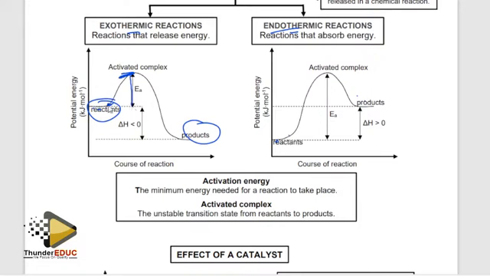From here to here is the activation energy of the forward reaction. When you talk about the reverse reaction, from here to here is the activation energy for the reverse reaction. So it's the same thing here: activation energy for the forward reaction, activation energy for the reverse reaction. From the reactant to the product, the change in energy there is the enthalpy change. Please take note of that. The change there is the enthalpy change.